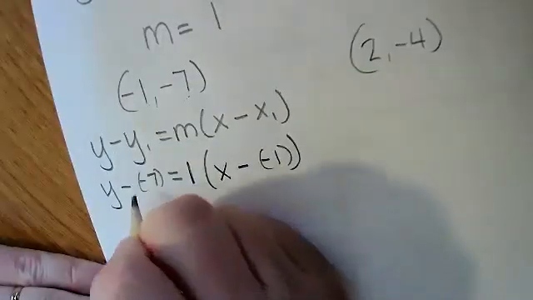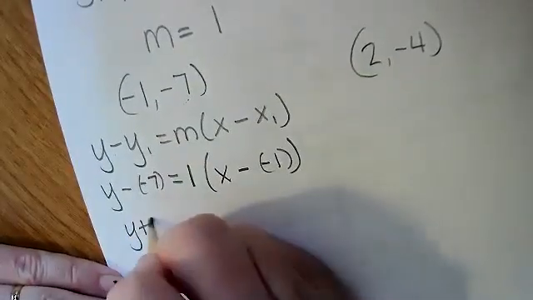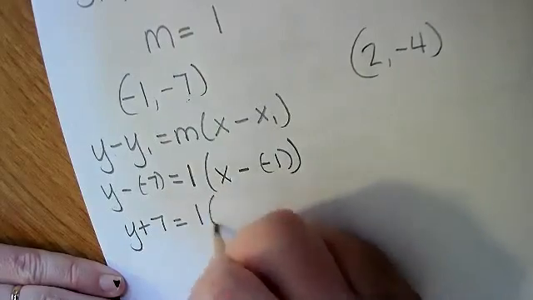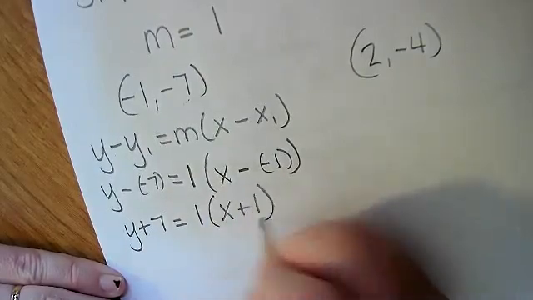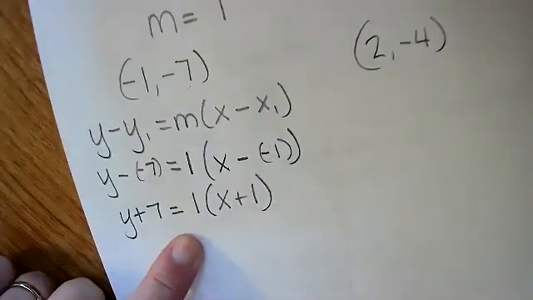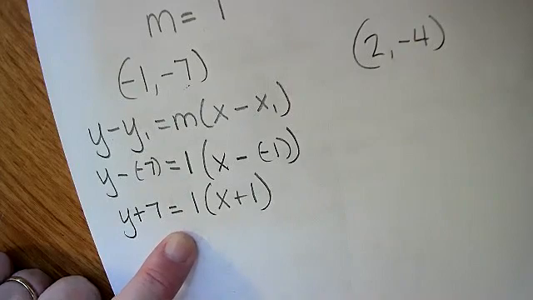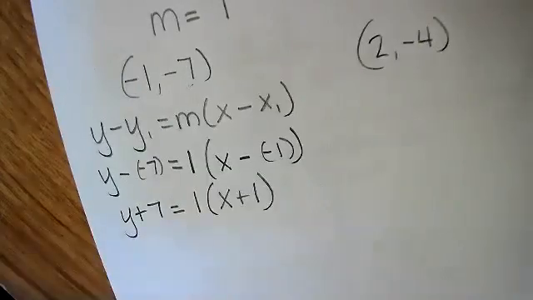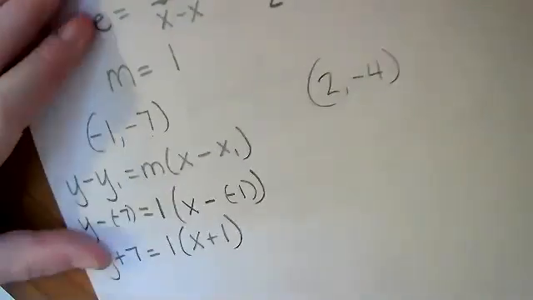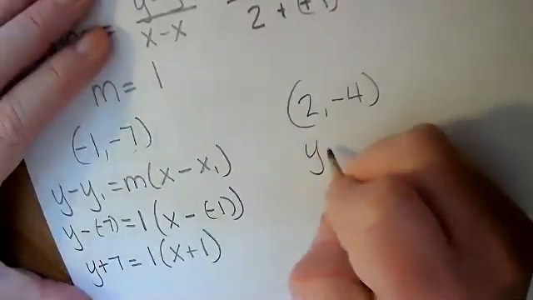Okay, let's keep, change, change. So this becomes y plus 7 equals 1 times x plus 1. You can have that equation. That would be your answer. That could be your answer. Or this one.